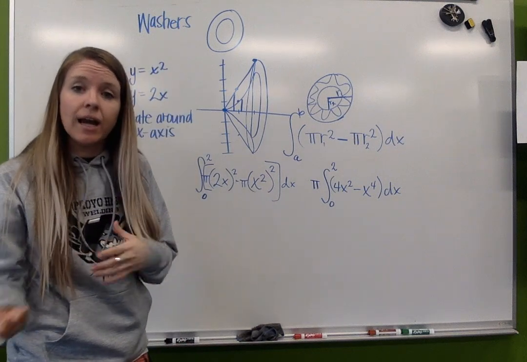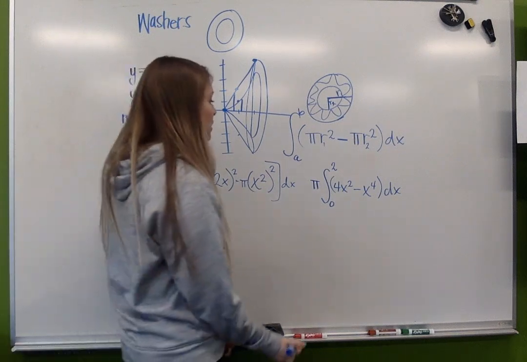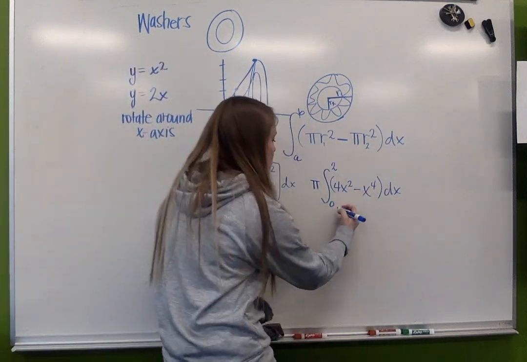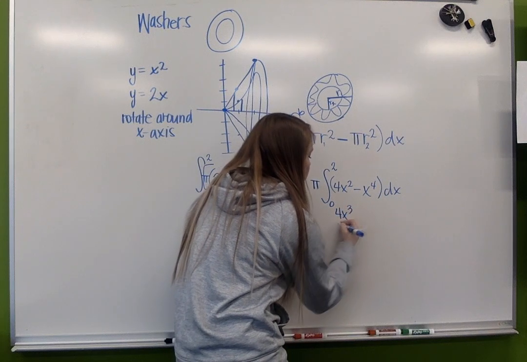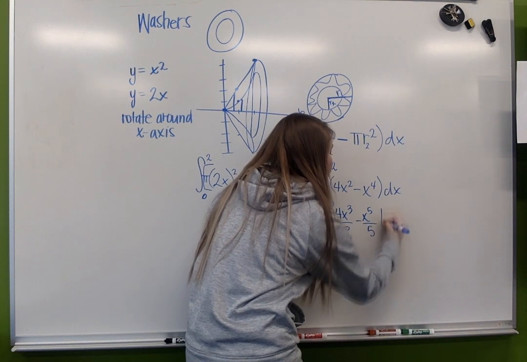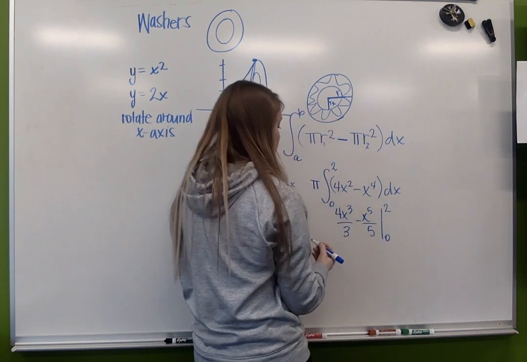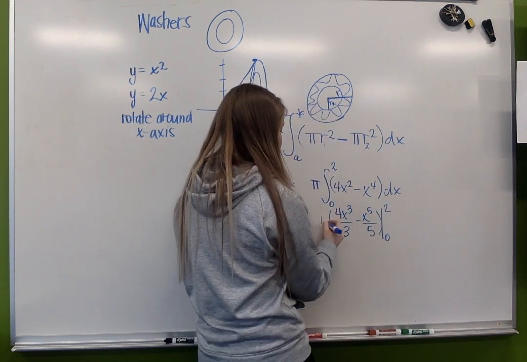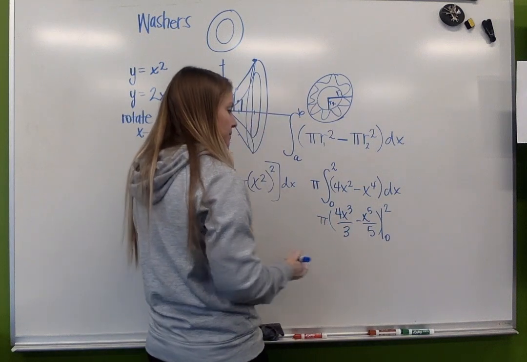Now we're ready to integrate and solve the problem. So this becomes 4x cubed over 3 minus x to the 5th over 5 from 0 to 2 times the pi out front.